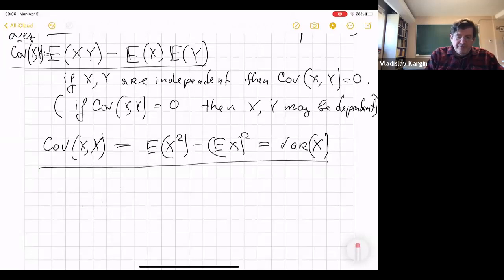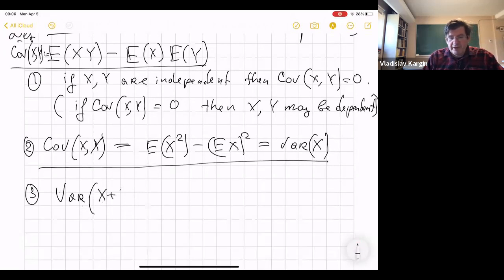This is the first property of the covariance. This is the second, and the third one gives you the ability to calculate the variance of sums of random variables. As an example, the variance of X plus Y. We said that if the random variables are independent, it is equal to the sum of the variances.